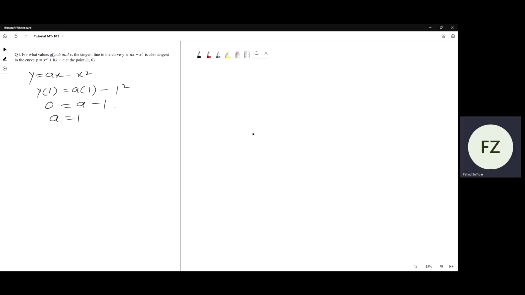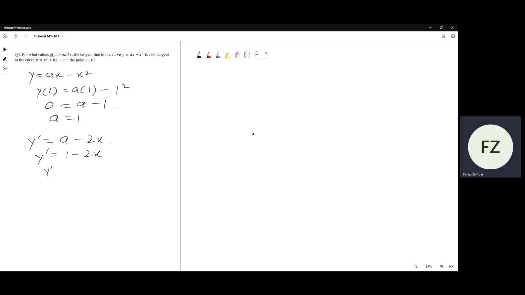Moving on, we have to find the tangent to the first curve. So y dash will come out to be a minus 2x. We know that a is actually 1, so it comes out to be 1 minus 2x. So this is y dash. We know that the tangent is passing through the point (1, 0), so at that point the value of x is 1.